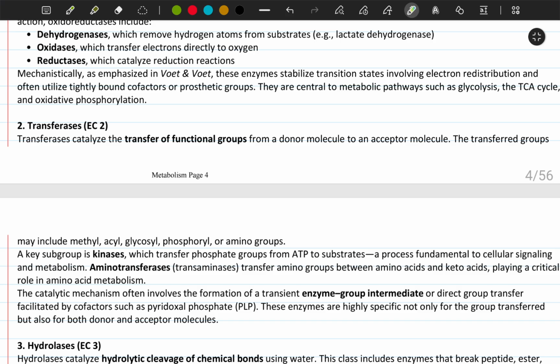Aminotransferases, or transaminases, transfer amino groups between amino acids and keto acids.